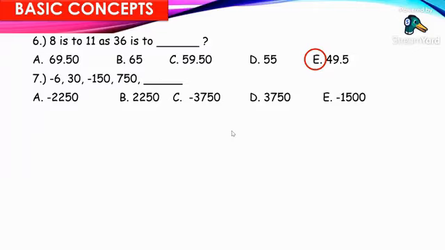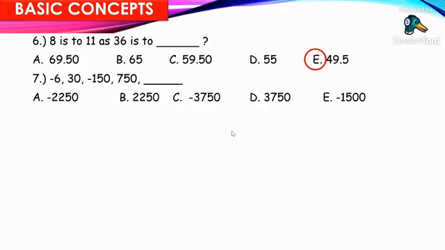John Christian Marsigan D. Okay, nagbago ng sagot si Sir John. That is negative 3,750. Letter C. Okay? That's right. Let's reveal the answer.